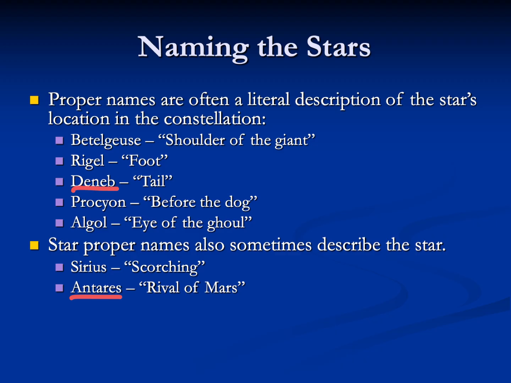Mars is the Roman god of war, and Ares was his Greek counterpart. The star is named this way because if you're not careful, it's easy to mistake the star Antares for the planet Mars. I won't expect you to memorize these names and what they mean, but I do want you to recognize the fact that some stars are named in this way.